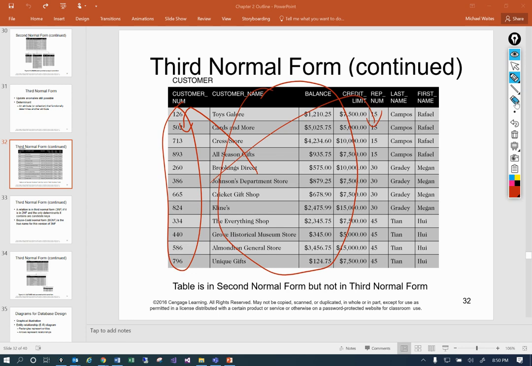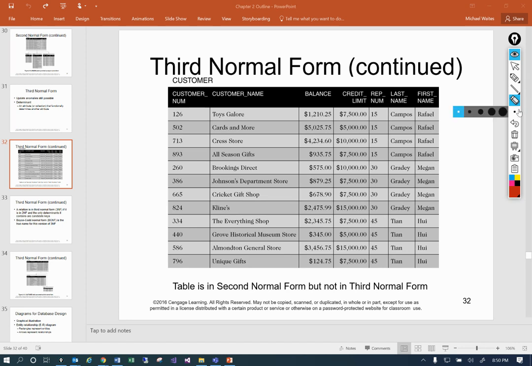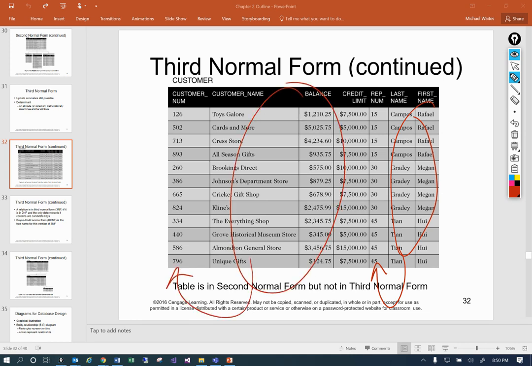So kind of remember that. That's how we know we've got something going on here: we've got two pieces of data functionally represented by another piece of data that isn't the same. So this to this, this to this. That's our big giveaway that we're not in third normal form.